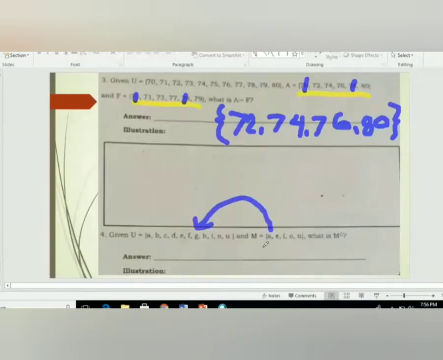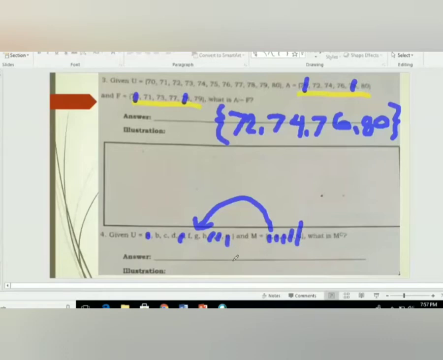Okay, so we have A already. We have E, I, O. So these are the vowel letters, the vowels. Then U, okay. What's missing?